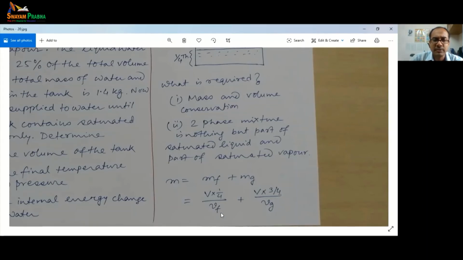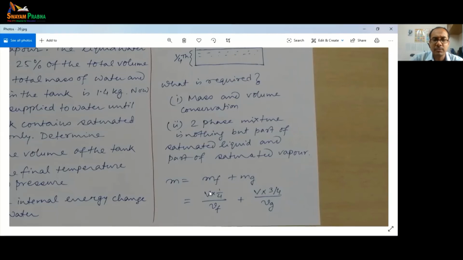The small vf in the denominator is the specific volume of fluid, and in the numerator is the volume of the fluid or volume of liquid water. Why this capital V into 1/4? Because capital V is the total volume of the tank or the container, and 1/4 of it is occupied by the fluid. So V into 1/4 divided by small vf, which is the specific volume of fluid.